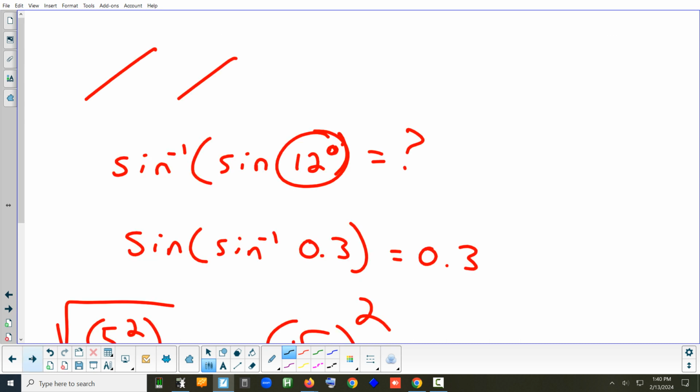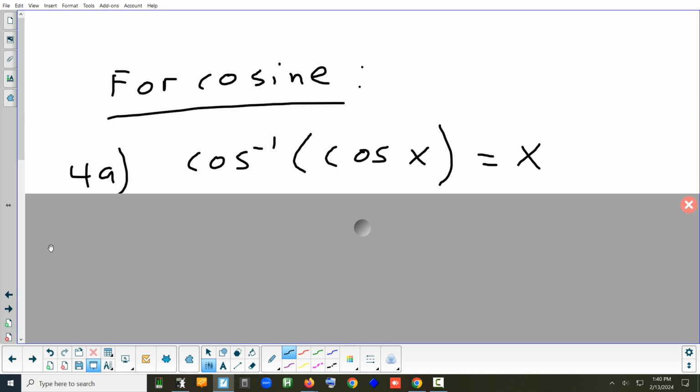Right, so let's look at inverse cosine. Just like inverse sine, inverse cosine and regular cosine cancel each other out. You'll get back whatever you started with, as long as you started with something between two numbers. When we used the table yesterday, what did we always have to stay between for the angle? 0 to 180, or in radians, 0 to pi.